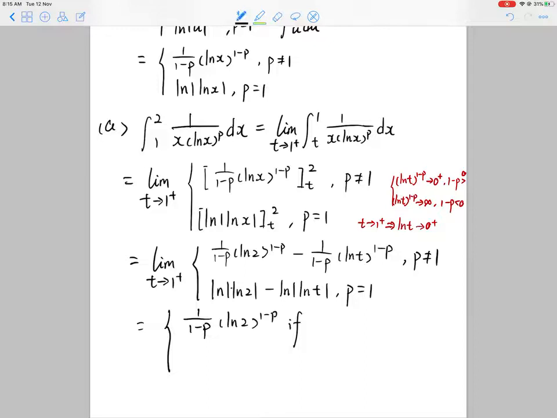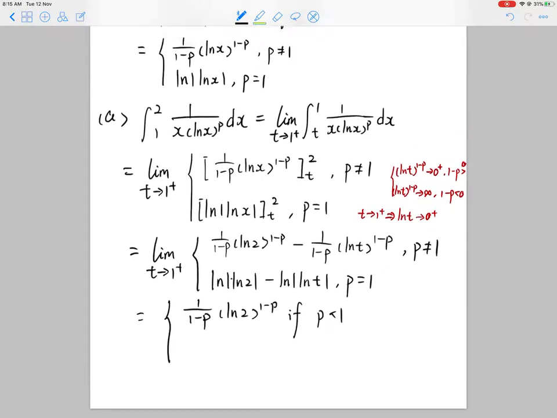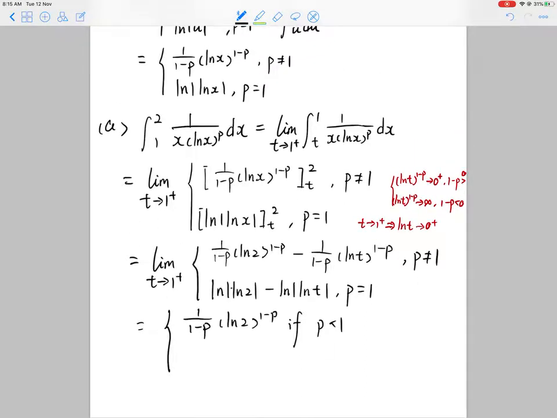And if this part is infinity, then this part is negative, so overall it will be negative infinity if p is greater than 1.